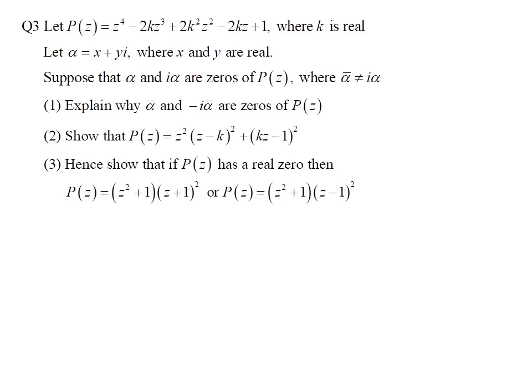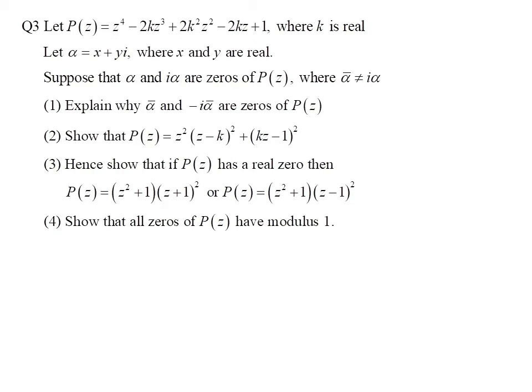The third question is to show that the quadratic polynomial p(z) is equal to either (z squared plus 1) times (z plus 1) squared, or (z squared plus 1) times (z minus 1) squared, given that the quadratic polynomial p(z) has a real zero.